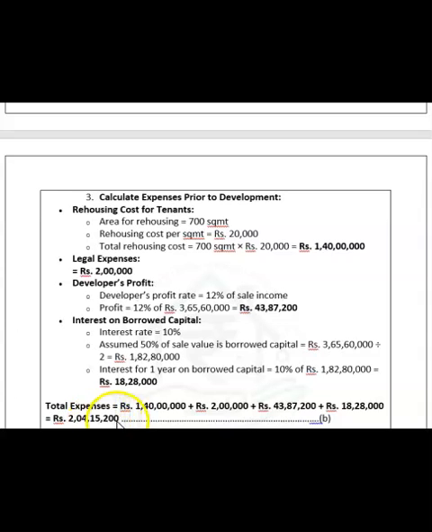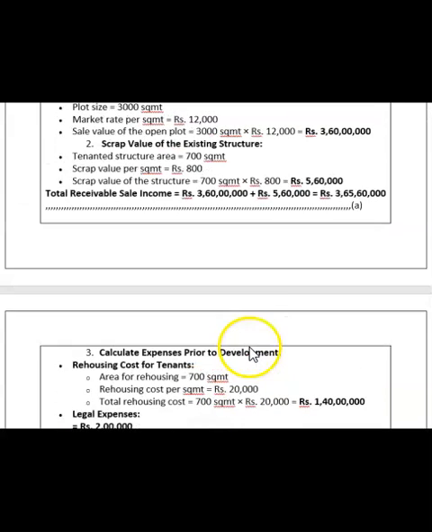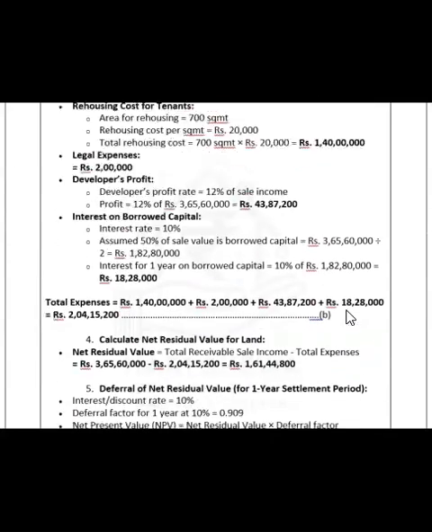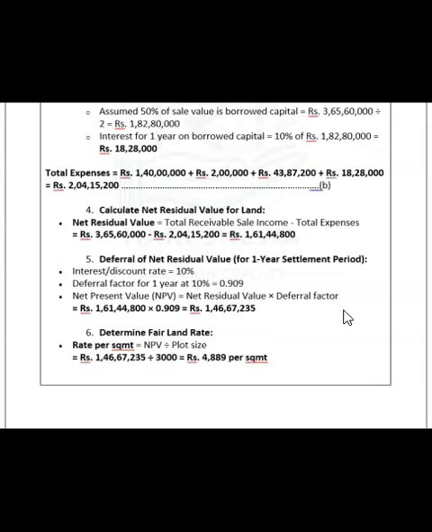Total expenses he will incur 2 crore 4 lakhs, and total income is 3 crore 65 lakhs. So 3 crore 65 lakhs minus 2 crore 4 lakhs. So the developer can give the land price 1 crore 61 lakh 44,800. This is less than 50% due to the Rent Control Act.